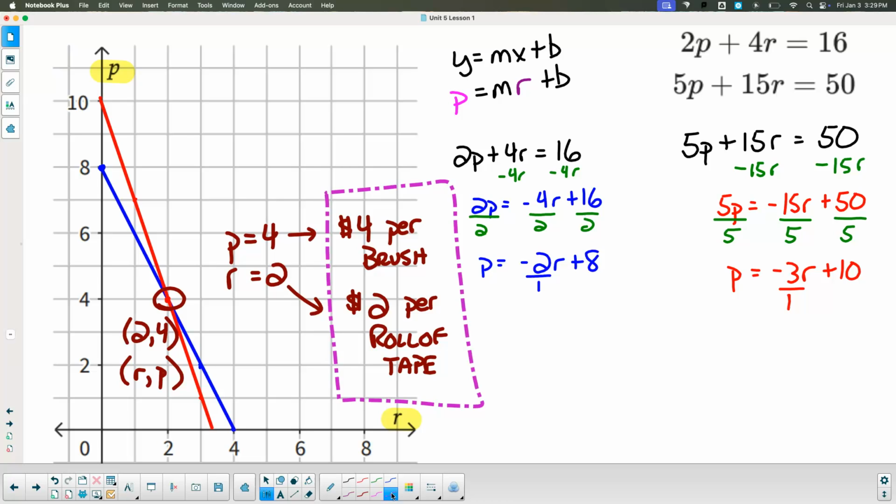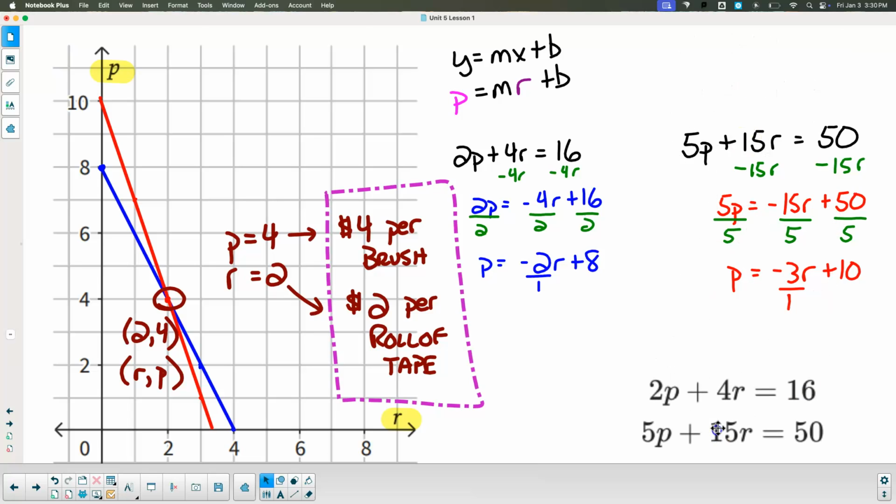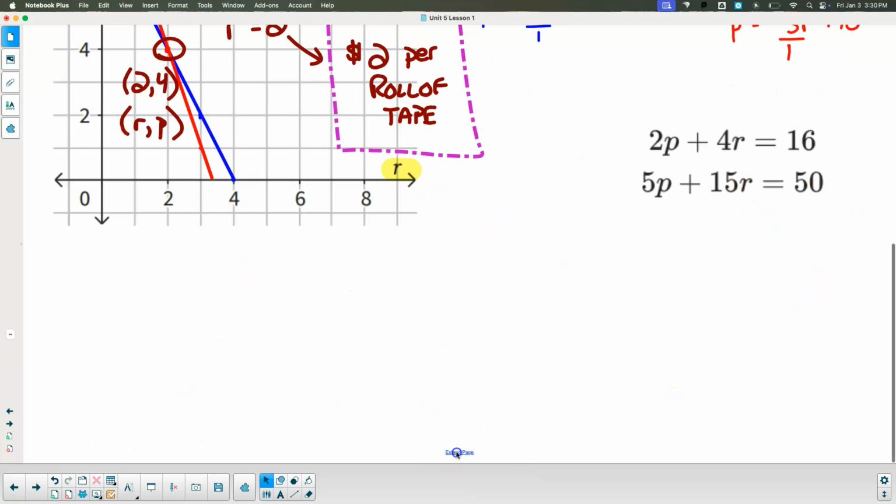Solving this now algebraically, same way. Let me bring this down here. If I solve this top equation for P, which we already did actually, but we'll do it again, we would subtract 4R.